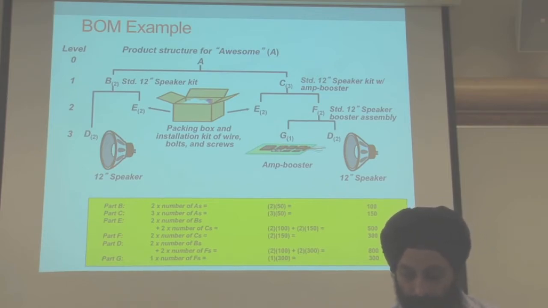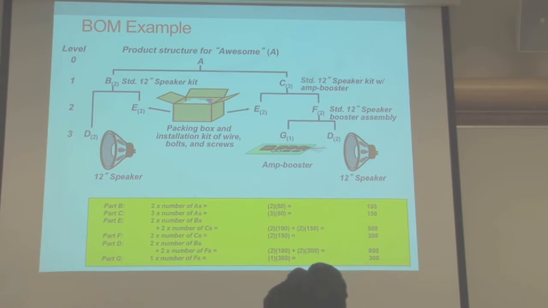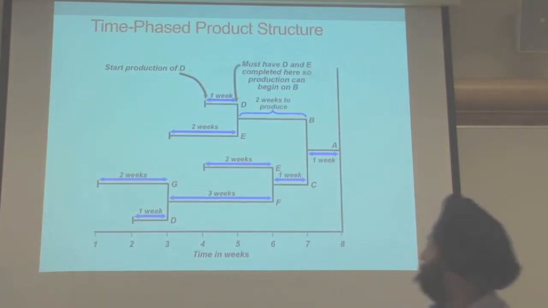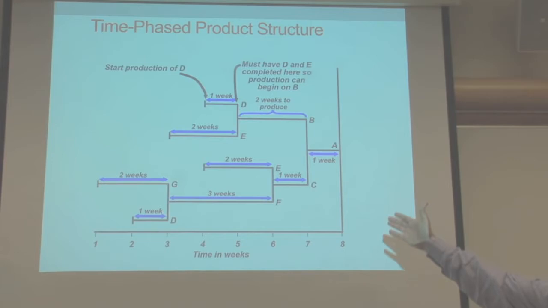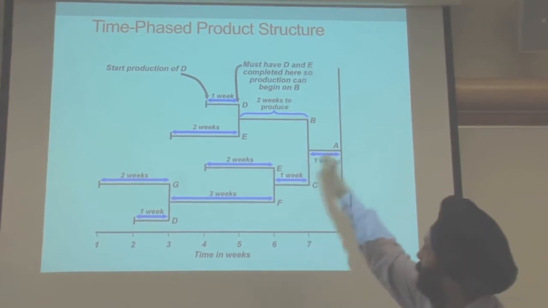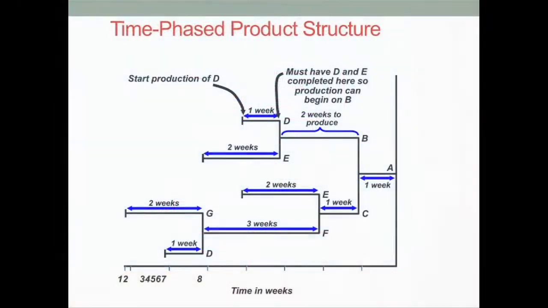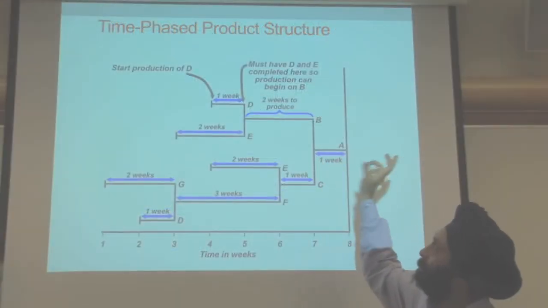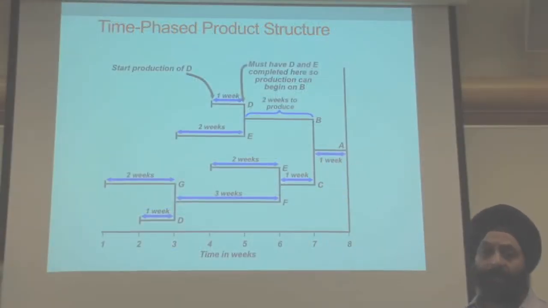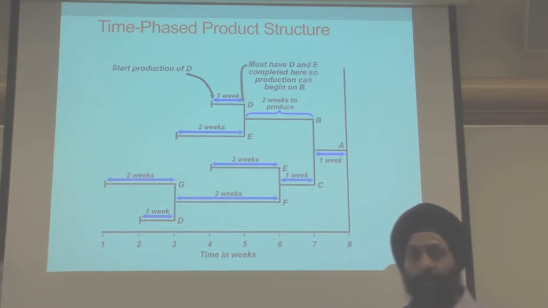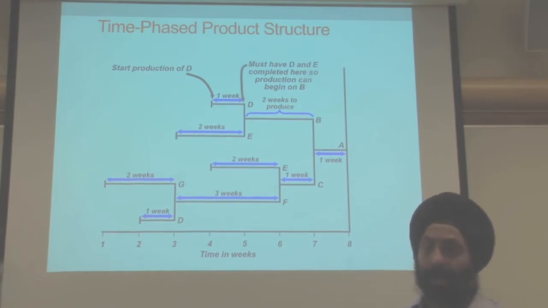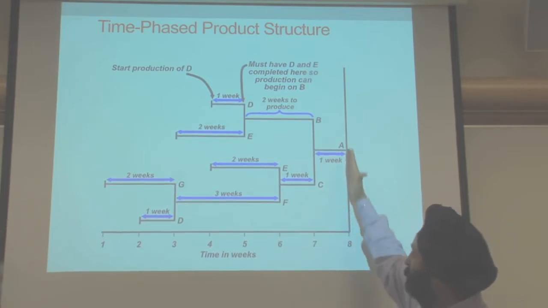Now let's move on to looking into the example of when it is needed. So one can easily go back and create a time-phased product structure tree where, if we are given how much lead time it takes to produce or assemble or to source it from a supplier, we can start from when it is needed.